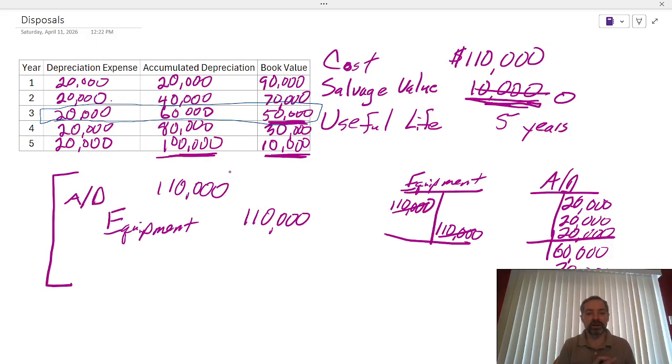And then compare the cash that you got to the book value. If you got more cash than the book value, then it's a gain. If you got less cash than the book value, it's a loss. And again, the gains and losses aren't part of our normal business. So those go in the other section at the bottom of the income statement.